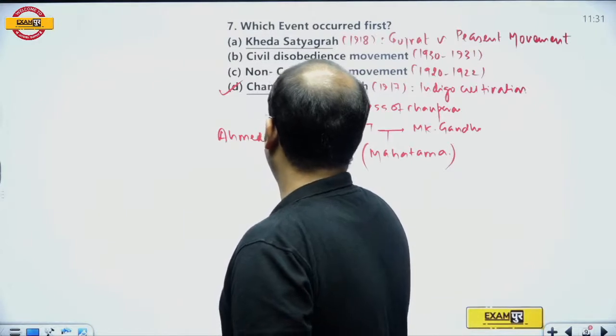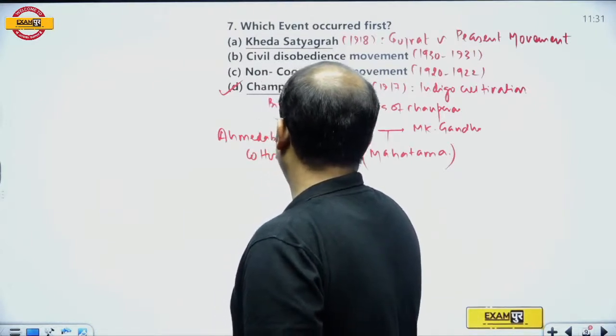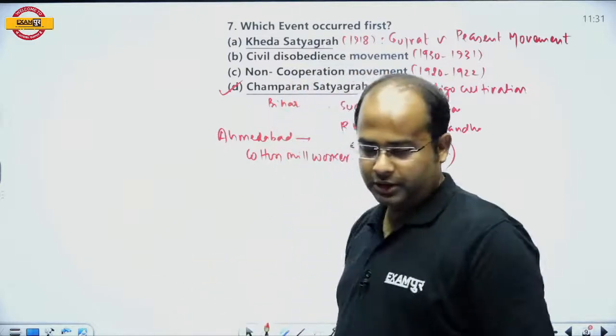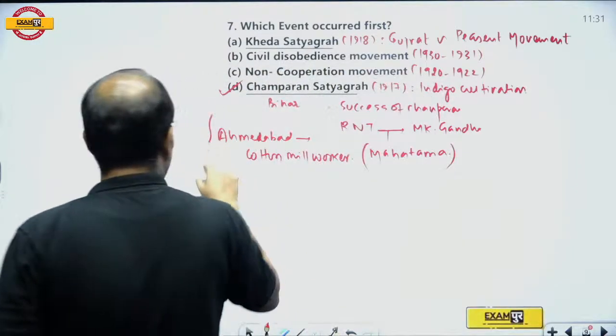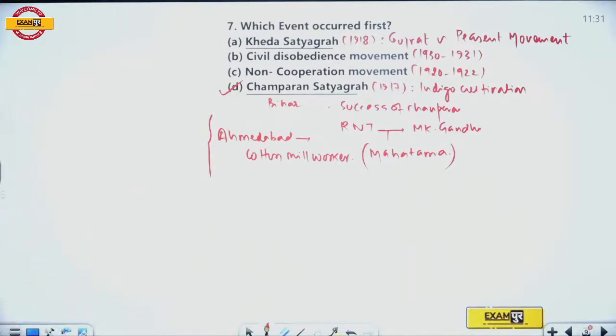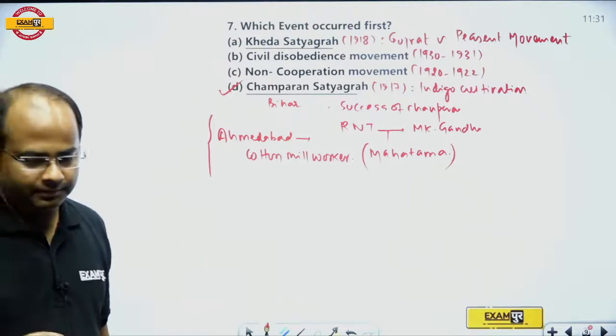So cotton mill workers were Ahmedabad, and for peasants it was Kheda. The indigo cultivation movement was Champaran.